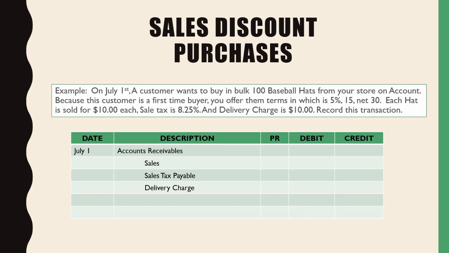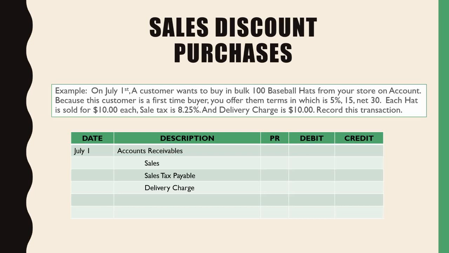Now we're going to calculate how much the actual sales was. If he bought 100 hats at $10 each, what's my total sales going to be? 1,000. Okay? And how much tax are we going to be collecting from this guy? $82.50.